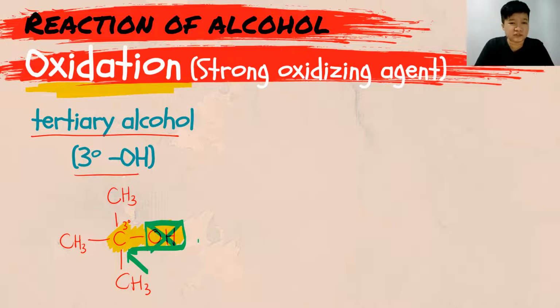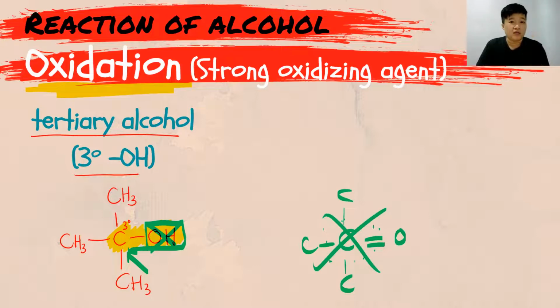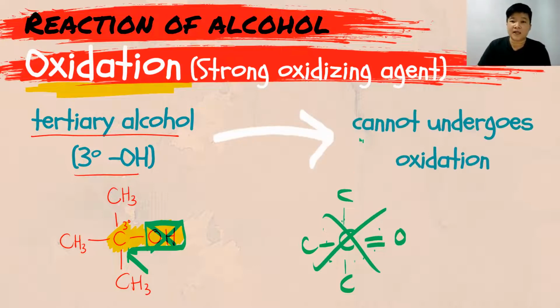After I remove this OH, do I still have any hydrogen to remove? No, we don't have any hydrogen anymore. So can this tertiary carbon hold a double bond? This tertiary carbon cannot hold a double bond O because there will be extra bonds. You have 5 bonds around it. Wrong. Therefore, tertiary alcohol cannot undergo oxidation.